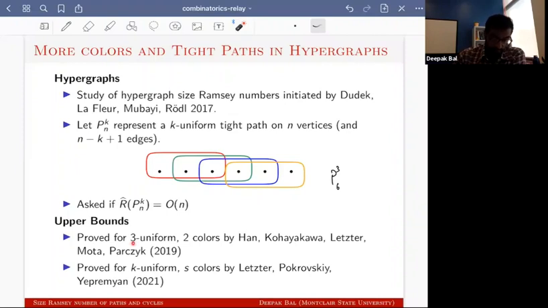For 3-uniform tight paths with 2 colors, this was proved in 2019 by Han, Kohayakawa, Letzter, Mota, and Parczyk. And then the whole problem for S colors and all k-uniform was solved very recently by Letzter, Pokrovskiy, and Yepremyan.